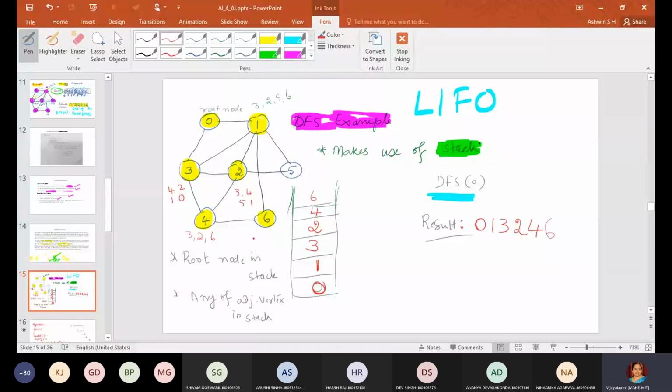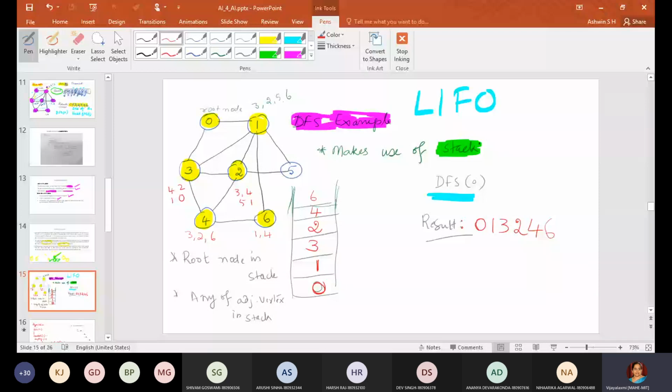Now I have come to 6. After 6, you mark which are the adjacent vertices. It is here 4, 1. But 1 and 4 both are visited. The problem comes now. Let me repeat.